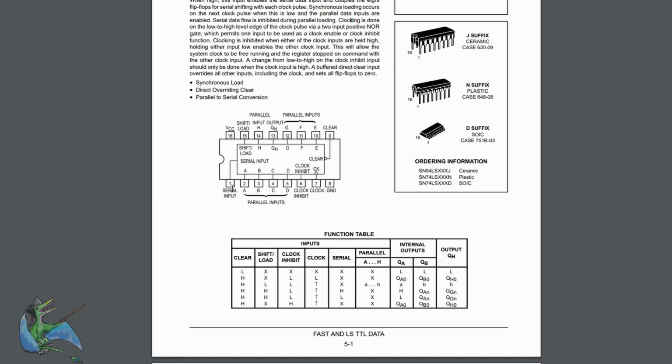The main use for that would be if you wanted to do a 16-bit load. You could take 2 of these and chain them together, putting the output from one into the input of the other. But generally for an 8-bit application, the serial input would just be tied to ground, so it's just 0 all the time.